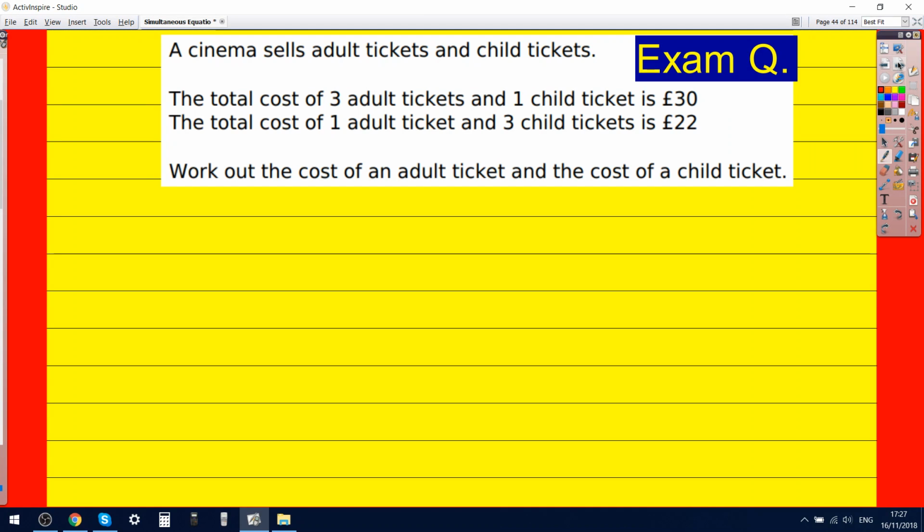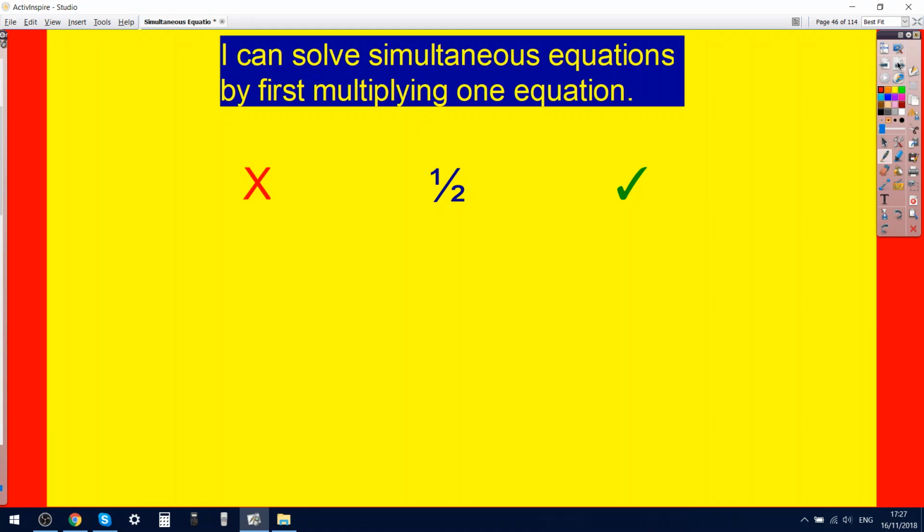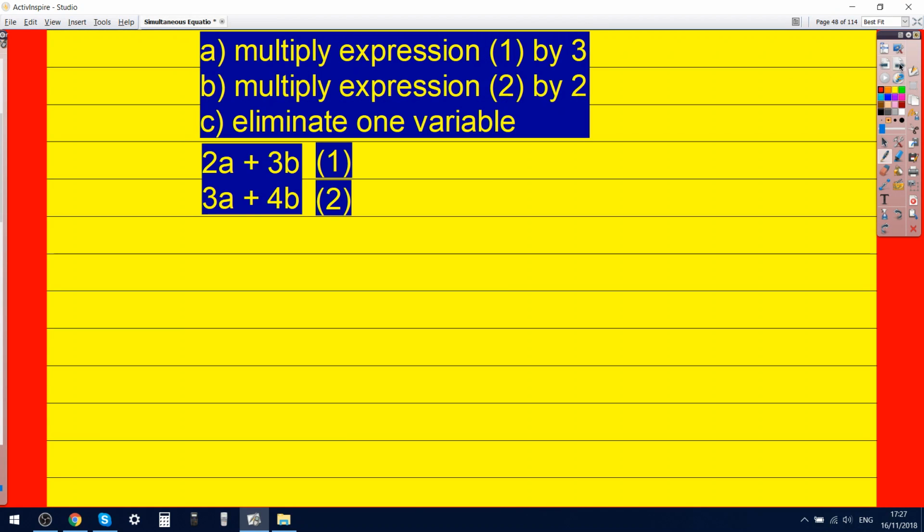So that's by first multiplying one equation. Let's try this one.